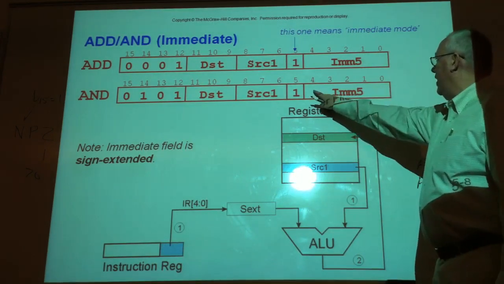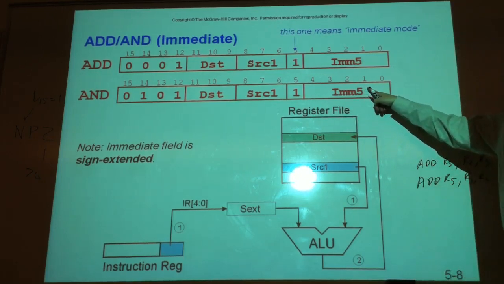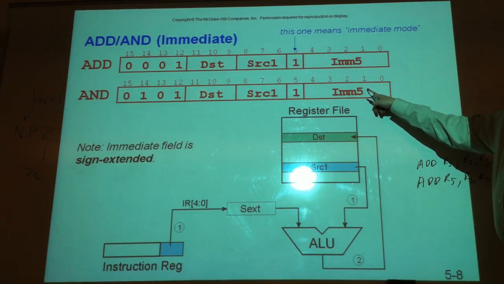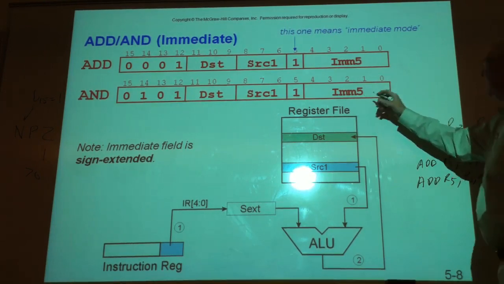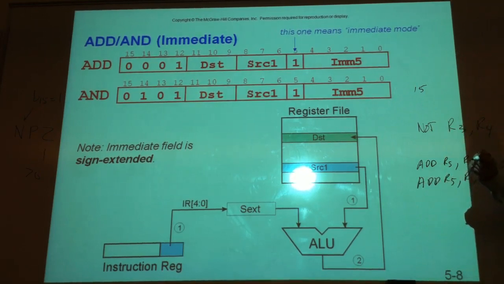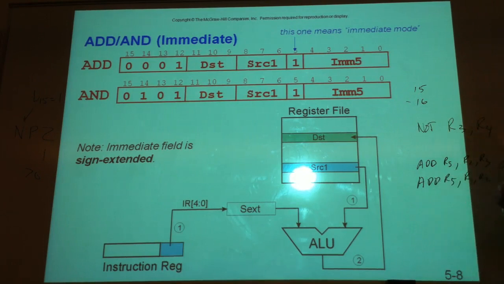So how large can this be? Well, think about it. 16. Close. An F is 15. How small can it be? Negative 16. Remember, this is a 2's complement number.